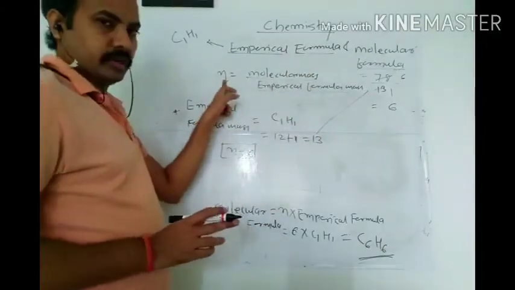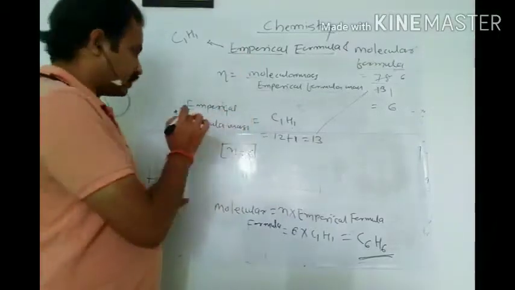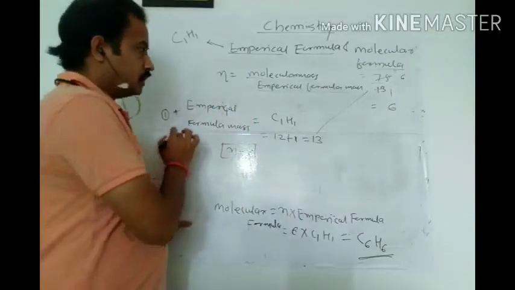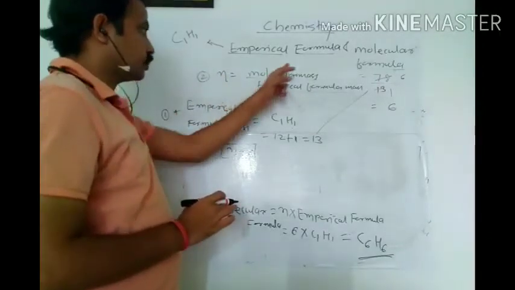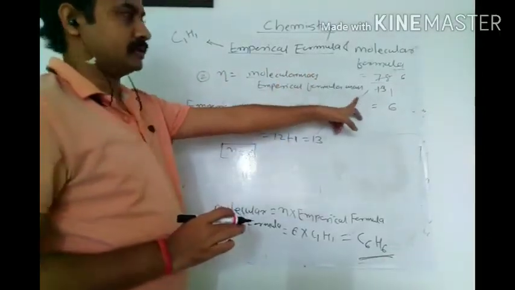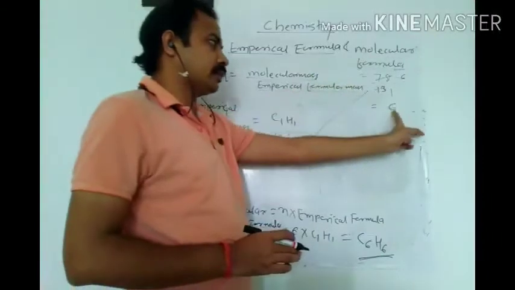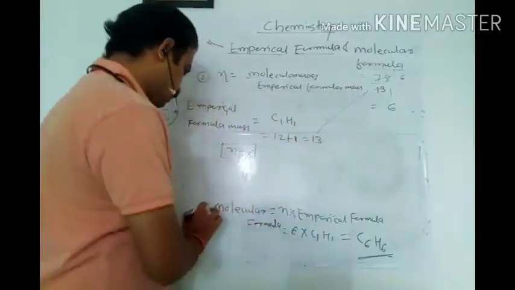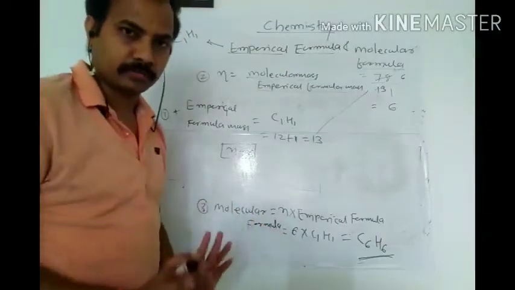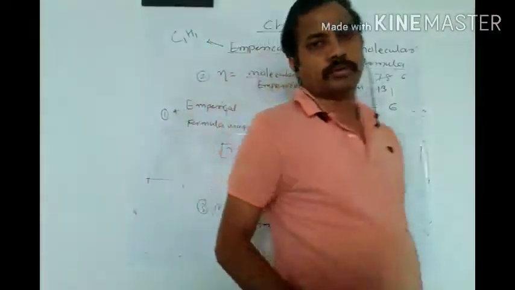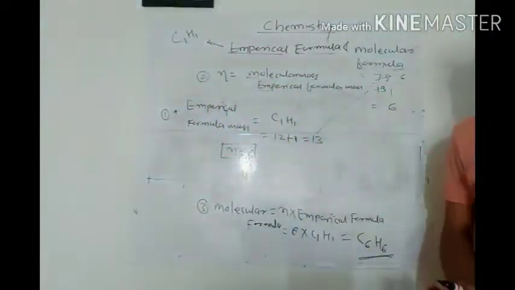Then use this formula, which becomes your second step: n equals molecular mass upon empirical formula mass. Now both values are with us, so I can calculate n as 6, and this is your third step. This third step gives you the molecular formula of the particular compound. In this way you have to solve this problem.